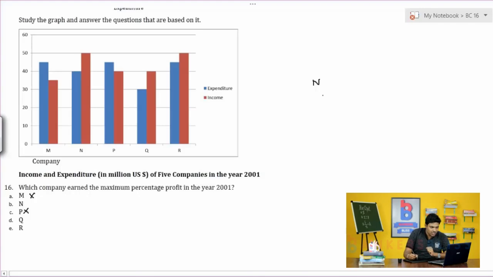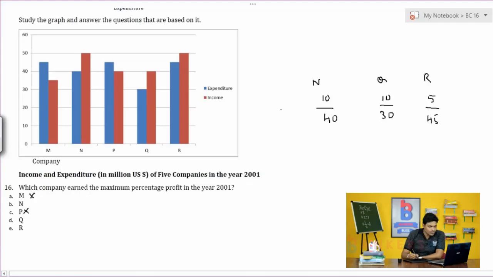So, income minus expenditure is 10, 10 by 40 for N. Next, after N you have to calculate for Q. So, income is 40, expenditure is 30. So, the difference is 10, 10 divided by 30. And next for R you have to calculate, 50 is the income, 45 is the expenditure. So, the profit is 5, 5 by 45.